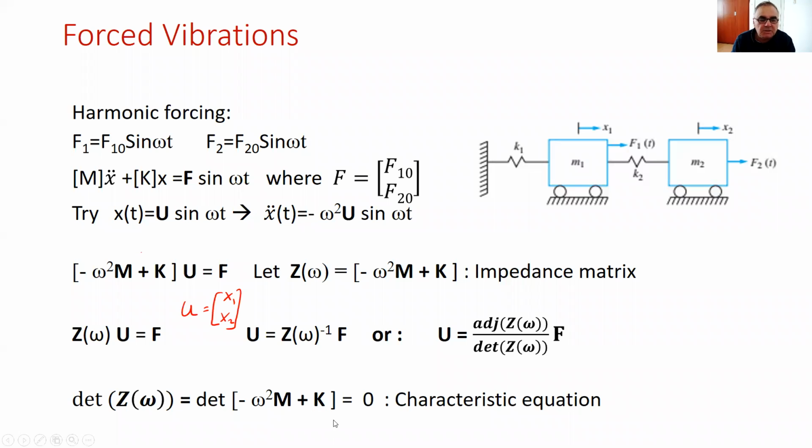so that when the determinant of minus omega squared m plus k equals 0, you are going to have a resonance in which the amplitude of the motion is going to be infinite. So in the forced vibrations case, let me write it down here, if, let's say, omega equals omega 1 or omega equals omega 2, you will have x1 and x2 going to infinity, and that we call the resonance, as you know.